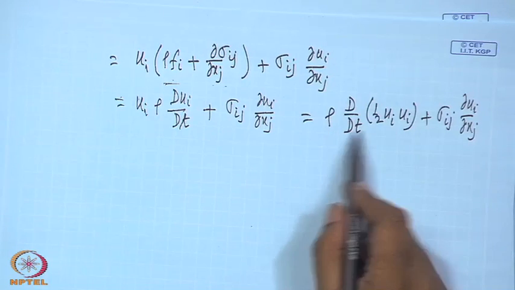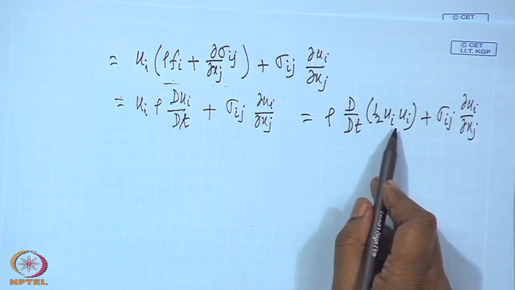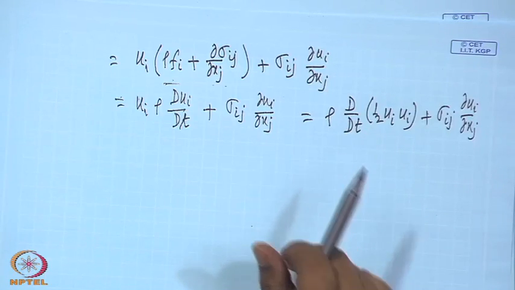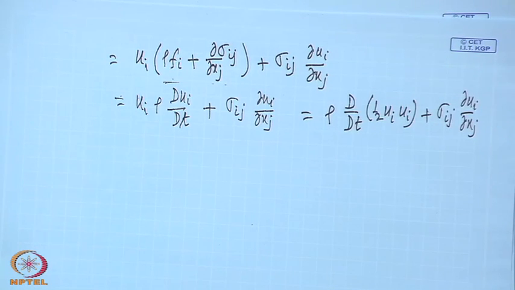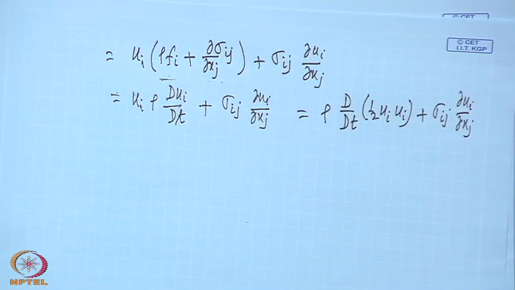The entire term is of course the rate of change of kinetic energy per unit volume, the kinetic energy of the bulk motion. Not the kinetic energy of the molecular motion, because in the energy equation we have internal energy, so we should differentiate that. What we call internal energy is also basically kinetic energy, but of the random molecular motion. It is not that; it is the flow velocity, so we are calling it flow kinetic energy.